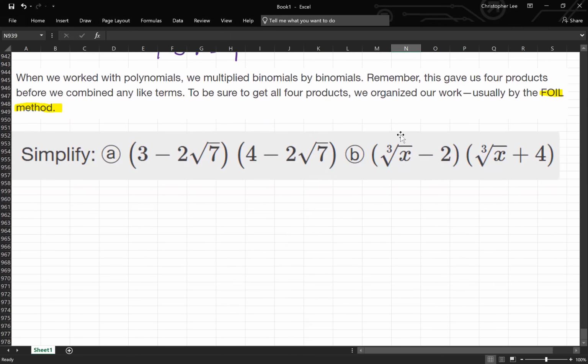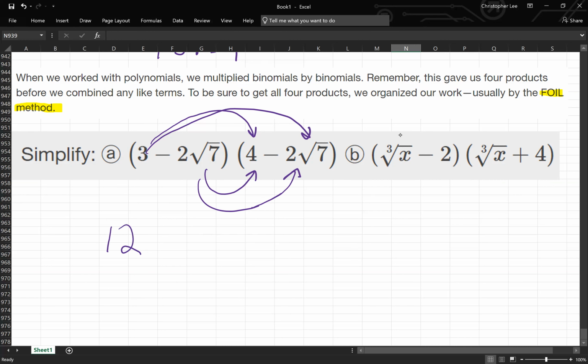All right. So I have 3 minus 2 square root 7 times 4 minus 2 square root 7, right? So what you're gonna do here is FOIL it the same way that we did before. First, outer, inner, last, right? So now with the first one, 3 times 4, what's that? 12, right?